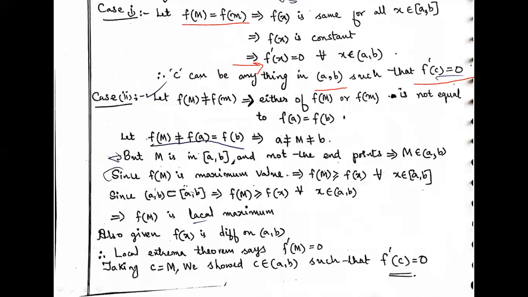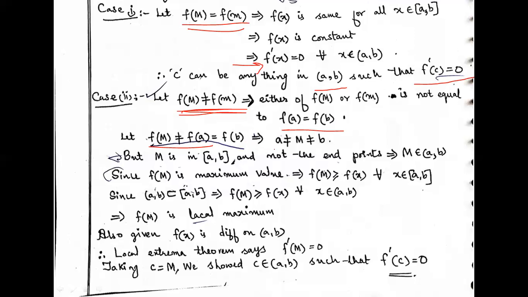Either f of capital M or f of small m is not equal to f of a, which is equal to f of b.